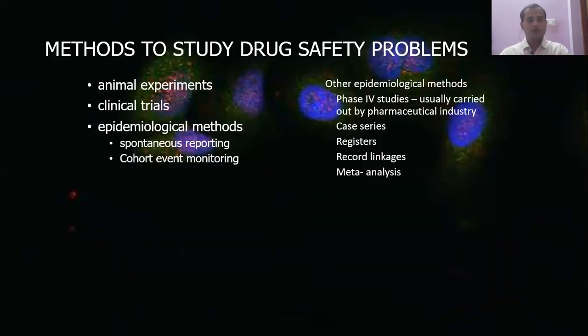So how to tackle this problem? We have to be very cautious about animal experiments and clinical trials. We have to use epidemiological methods like spontaneous reporting, cohort event monitoring or phase 4 studies, and then case series, and we have to have registration of the patients and record linkage.